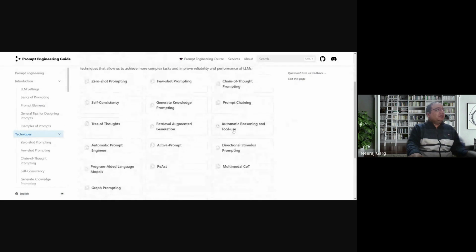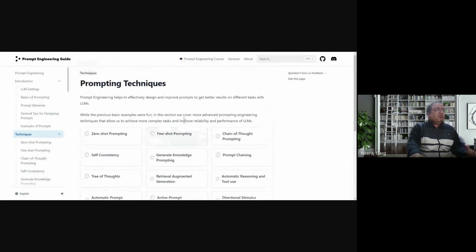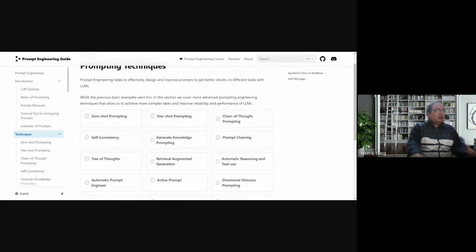Prompting techniques. Out of these, zero shot prompting, few shot prompting, single shot prompting, all these are different prompting techniques, but we'll not get into that much detail because this is a very high level introductory session. At least this much you should know out of this session about few shot prompting and zero shot prompting: we are giving examples to the foundation model.